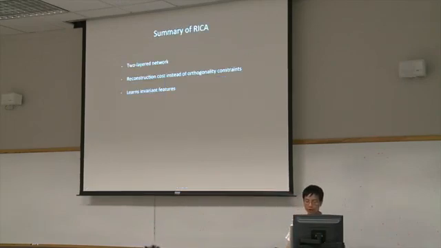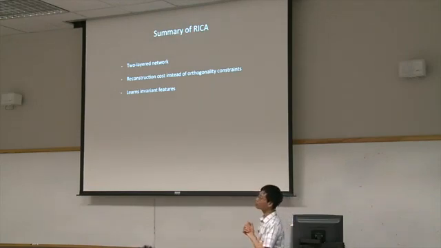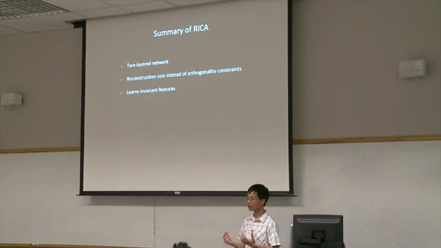So far I talked about the reconstruction ICA algorithm, and the only take-home message is that we use a reconstruction cost instead of orthogonalization, so it can scale, and it can learn invariant features.